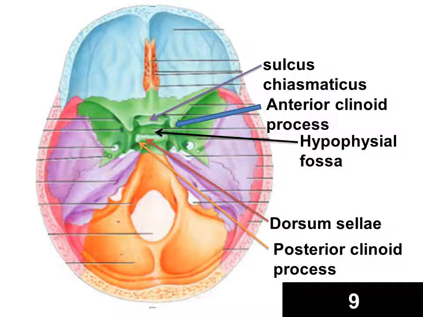Like the posterior border of the lesser wing, this is also expanded to form the posterior clinoid process.